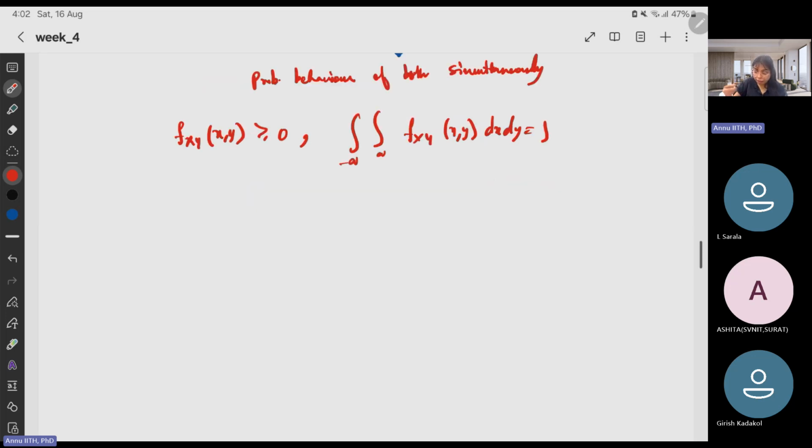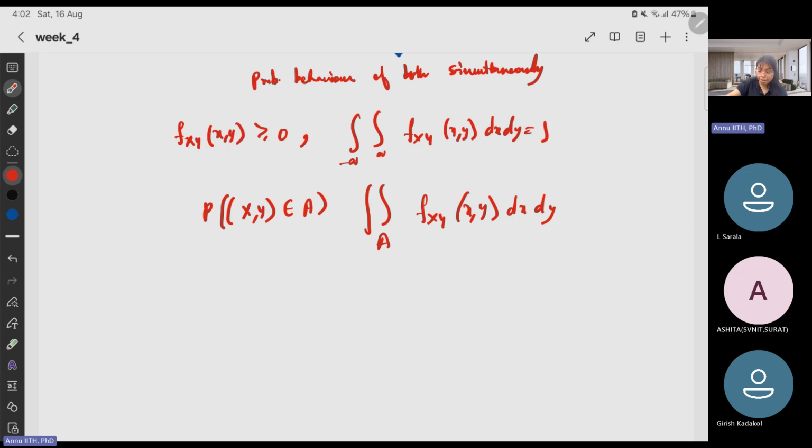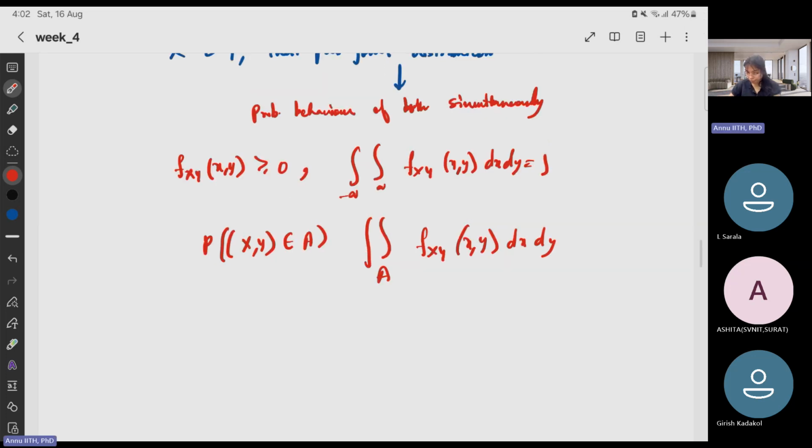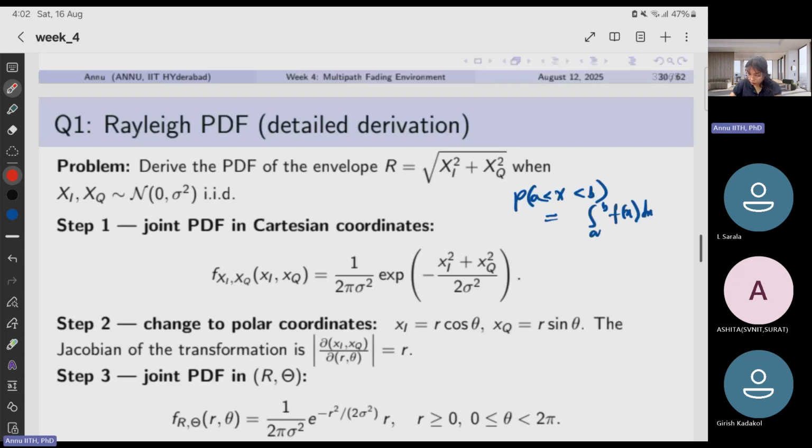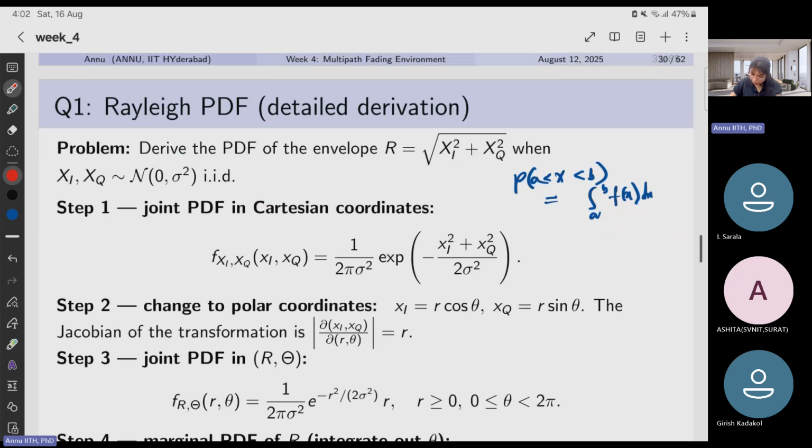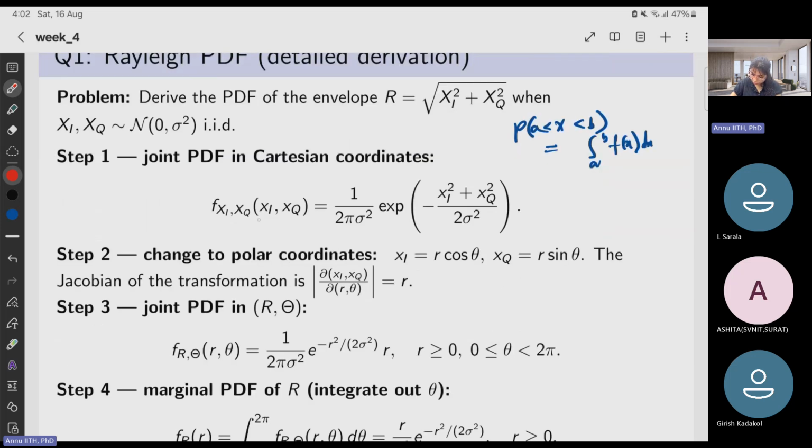The probability of being in region A, we need to integrate f of x,y dx dy over that region. So if we integrate over both, say x of I and x of q, then we are getting like this.